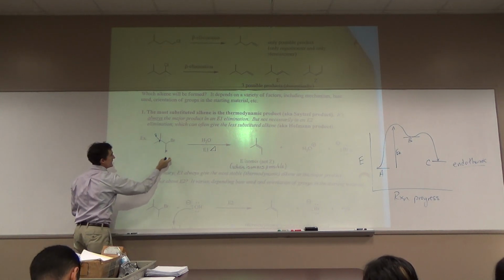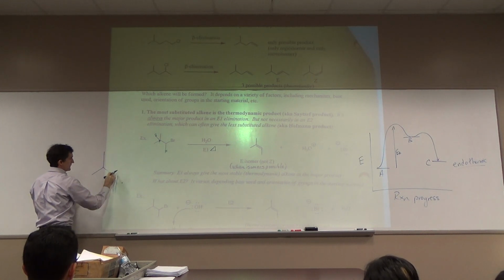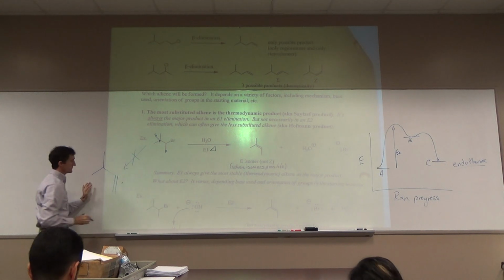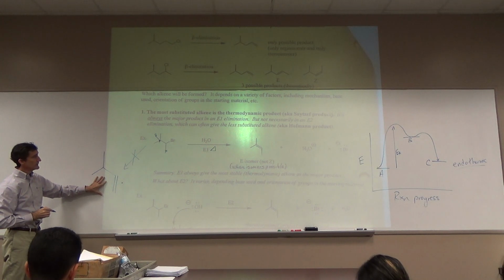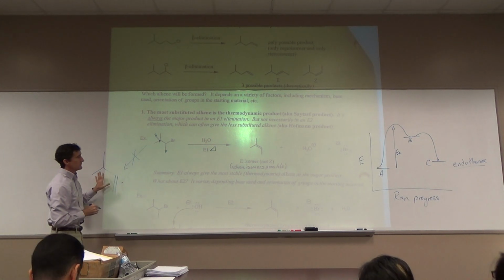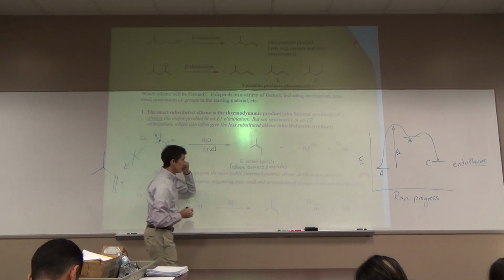If we ever removed this H, it would have been a monosubstituted alkene. But we don't get this product in the E1. We get the thermodynamic product, the Zaitsev product.